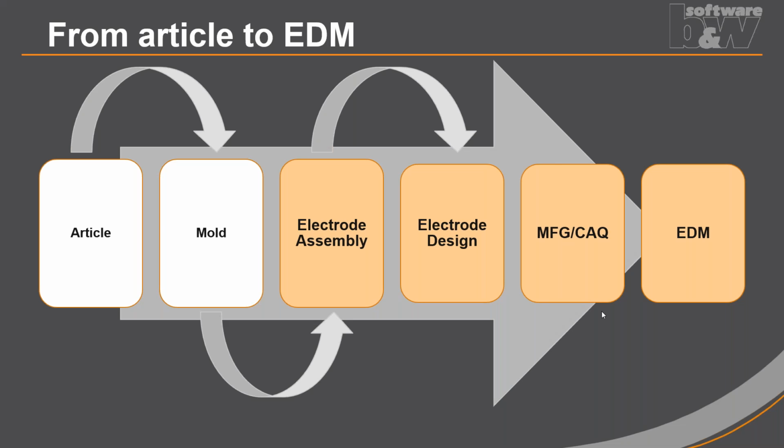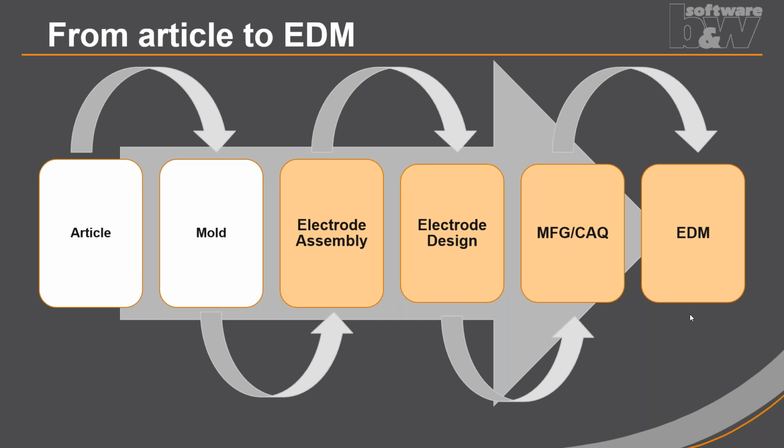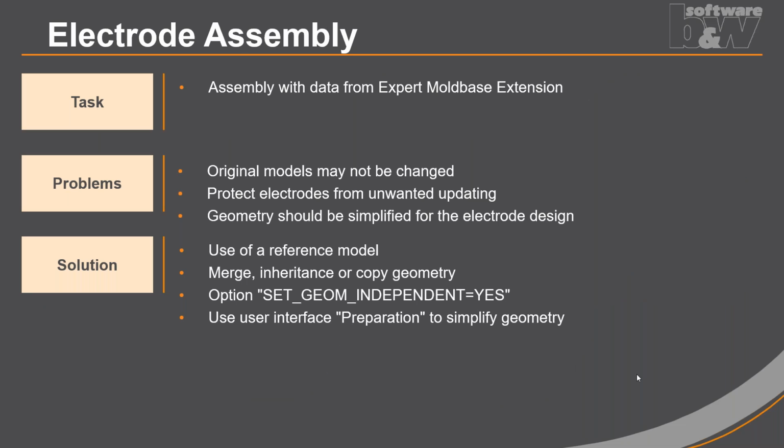And you have to pass the data along to the CNC programming or computer-aided quality assurance, and finally transfer data to the programming system of the EDM. So let's have a look at how Smart Electrode can help you to get the work done and how other products can be integrated in this process.